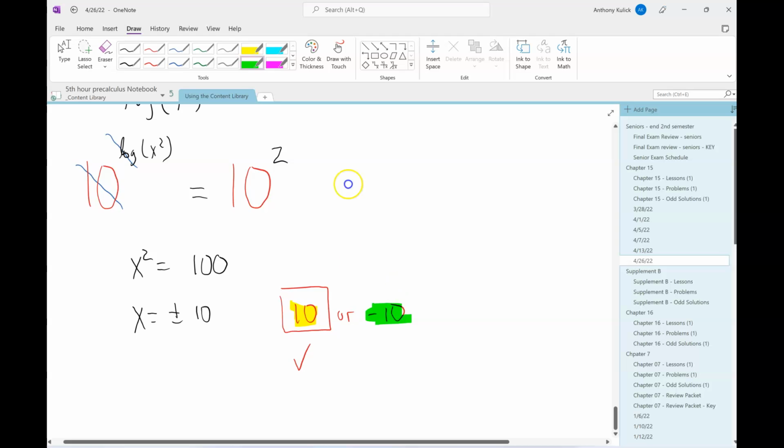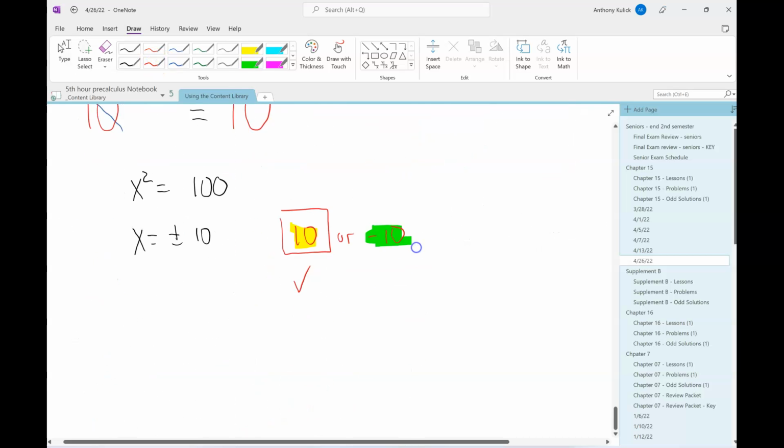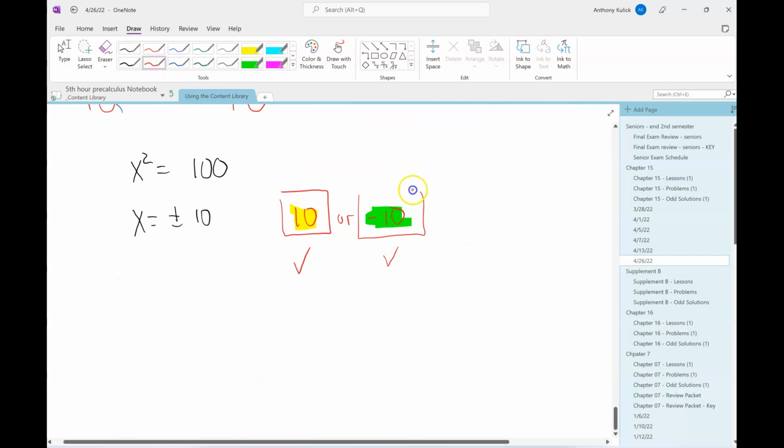If I take negative 10 and I plug that in, does that work? Yes. So those are my solutions.